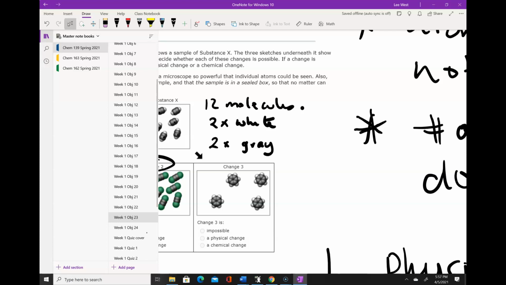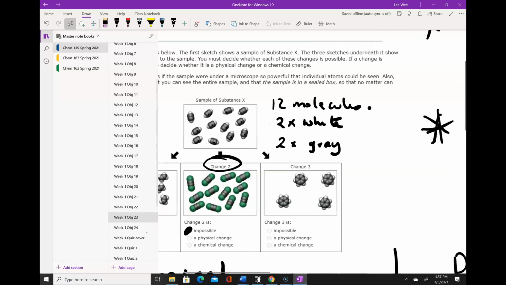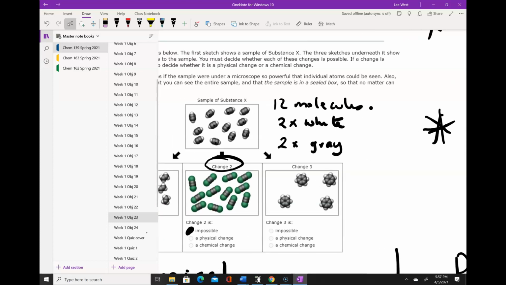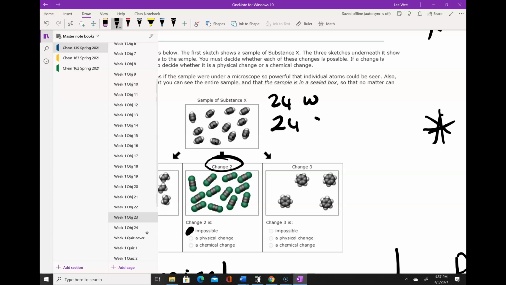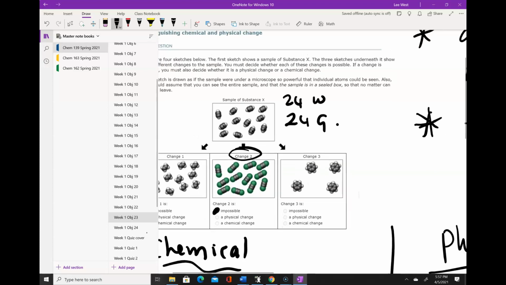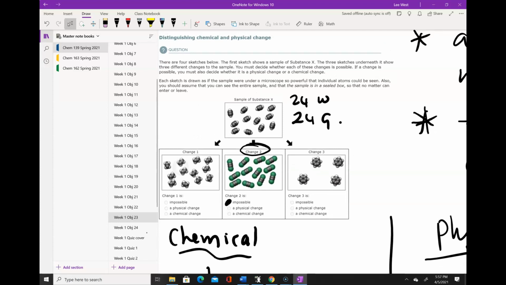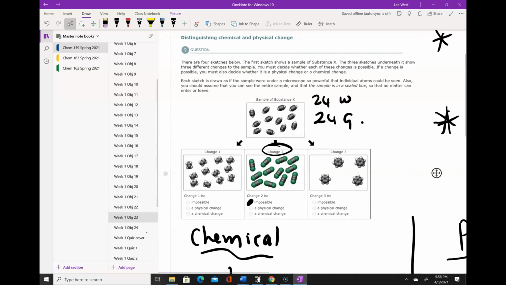It means that we began with 24 whites and 24 grays, because 2 times 12 is 24, isn't it? So we started with 24 white and 24 gray. So for 1 and 3 to be possible, we've got to end up with 24 white and 24 gray.